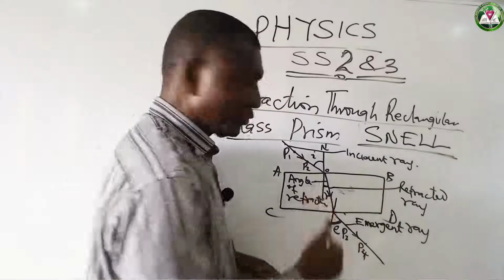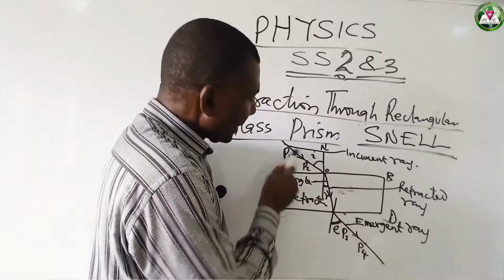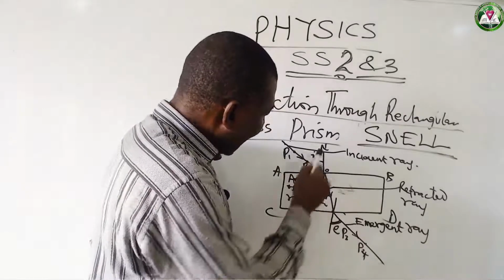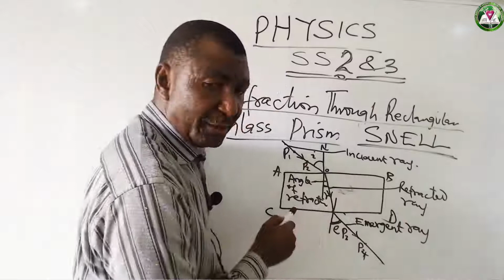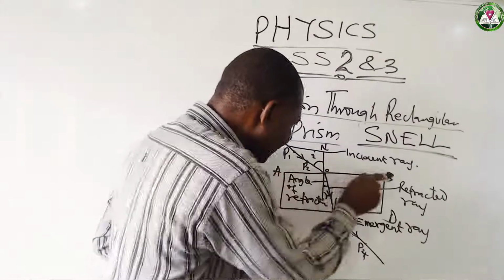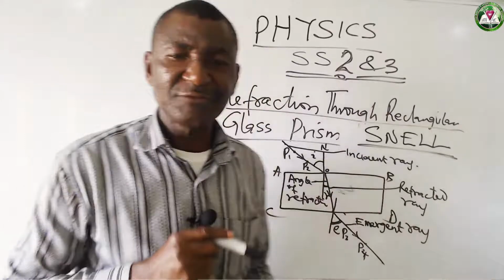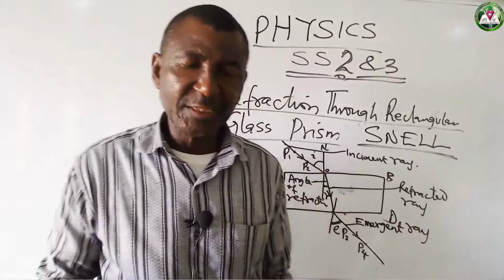Let's go back to our drawing. He said that the incident ray, the refracted ray, and this straight line, which is the normal, all these three parameters lie on the same plane at this point. All of them are on the same plane as far as refraction is concerned.